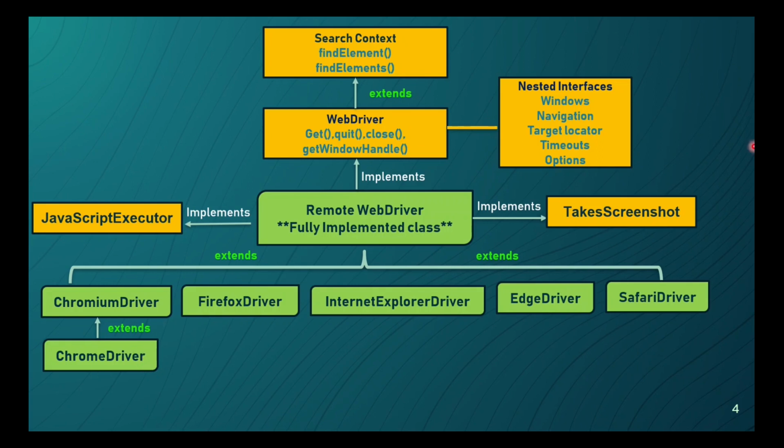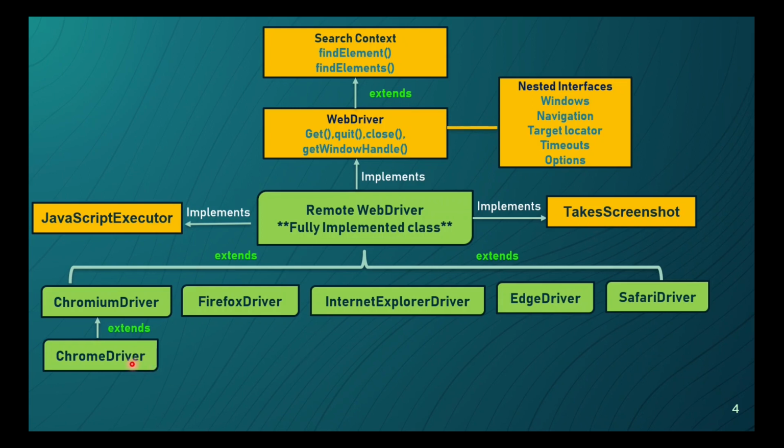So this is the hierarchy of Selenium classes and interfaces, in which we have the super interface, that is the search context. Then we have the WebDriver interface, which includes nested interfaces also, which have many abstract methods like windows, navigation, target locator, timeouts options. Then we have the remote WebDriver, which implements the interface WebDriver, and it also implements the JavaScript executor and the take screenshot interface.